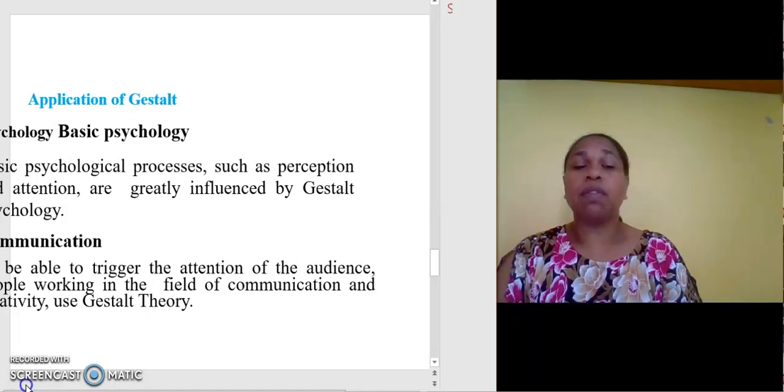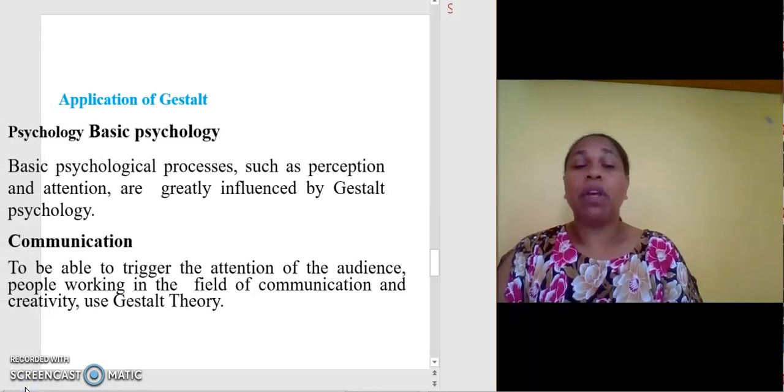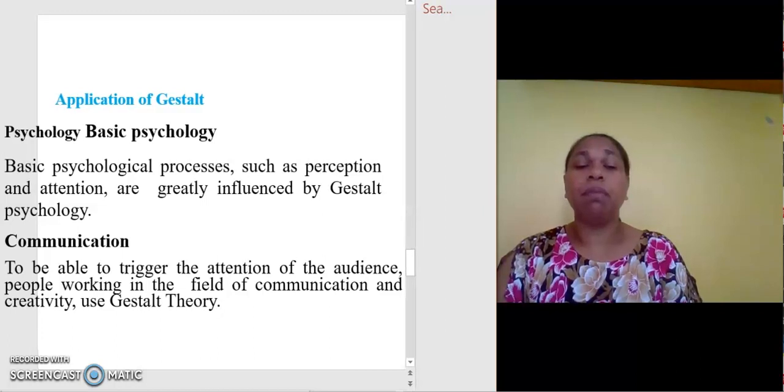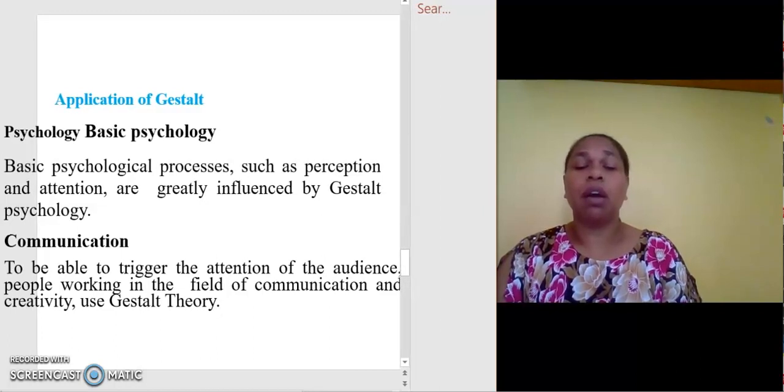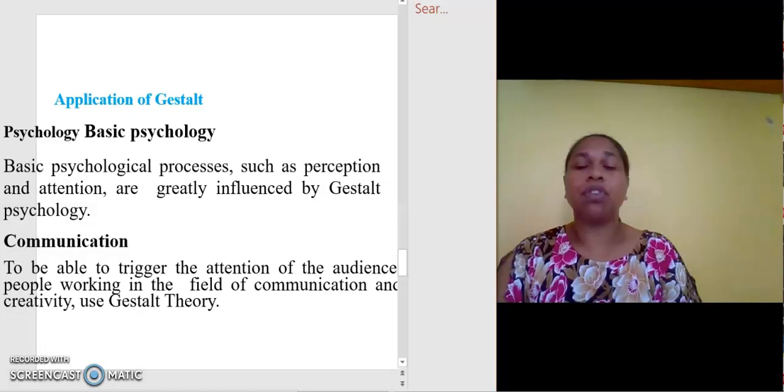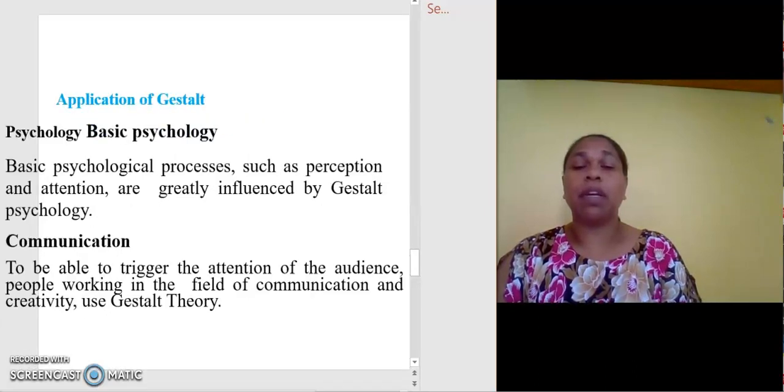So here we'll discuss a few ways of how we can apply Gestalt theory in different fields. First of all, the first application is basic psychology. Basic psychological processes such as perception and attention are greatly influenced by Gestalt psychology.